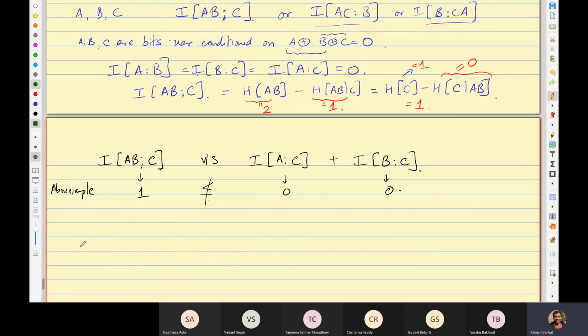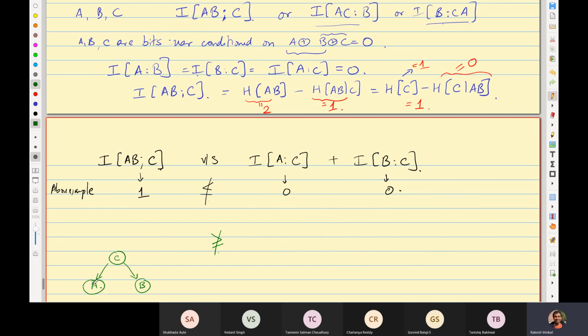Superadditivity is also like, so maybe the other side holds because it holds for this example. Turns out no. So you need to think a bit more to get this example. But the basic idea is that if a variable determines two variables, you can also increase.